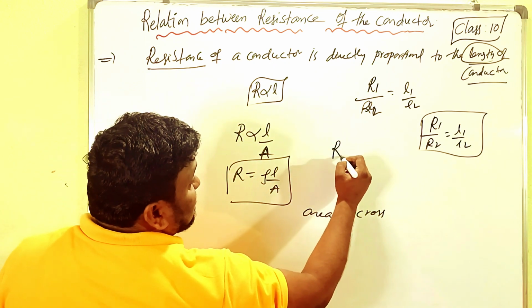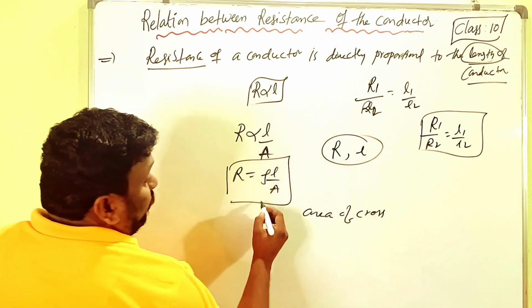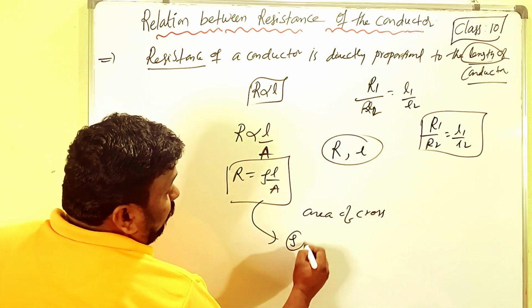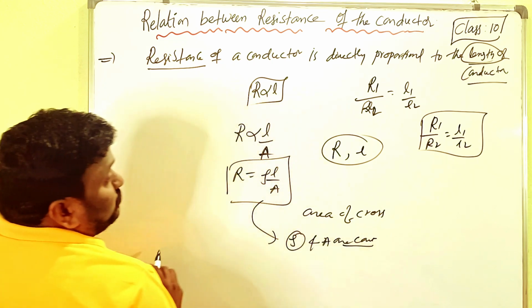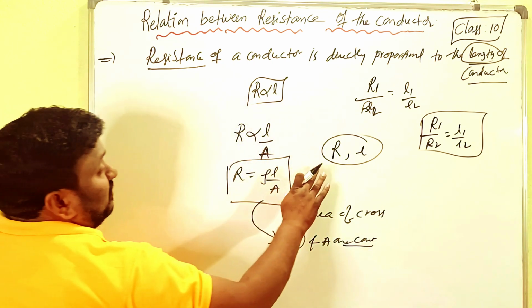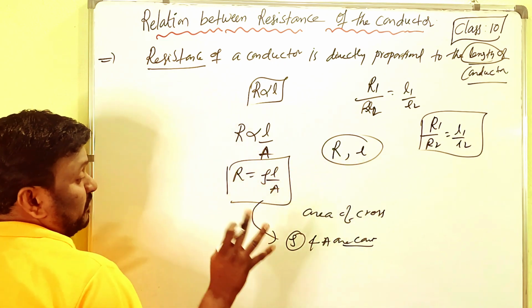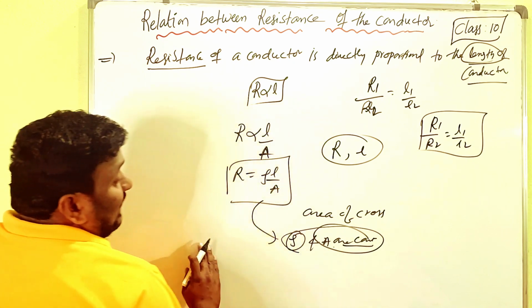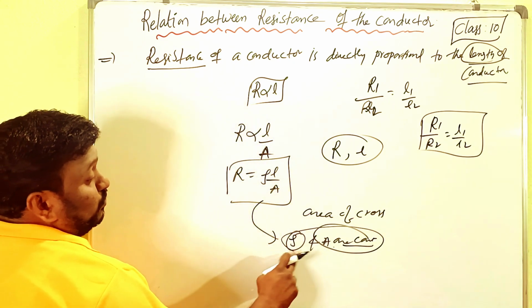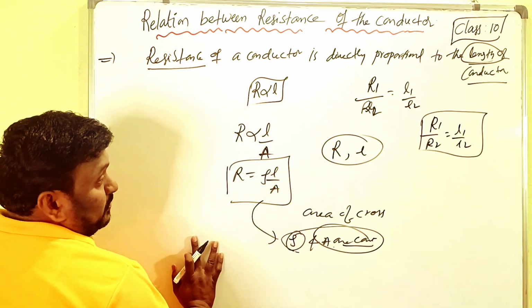So to explain the relation between R and L, we have to maintain rho and A constant. For this we have to do one experiment, in which A and rho are both kept constant.